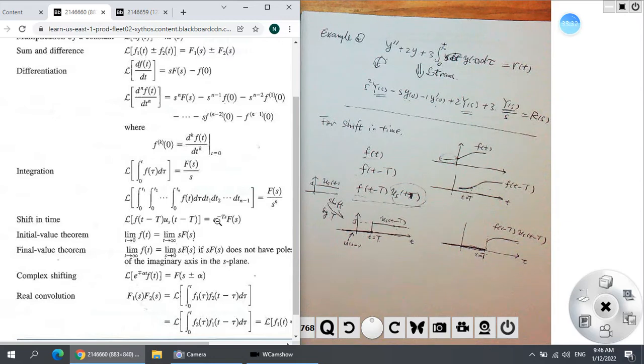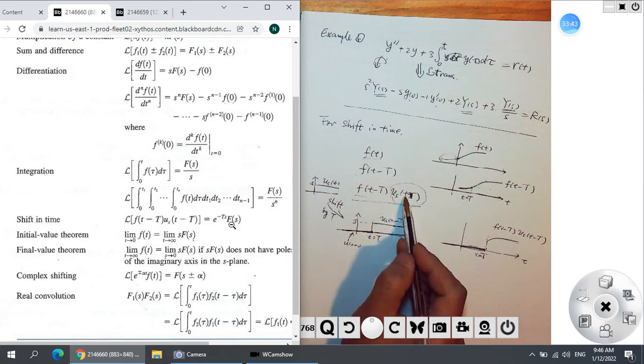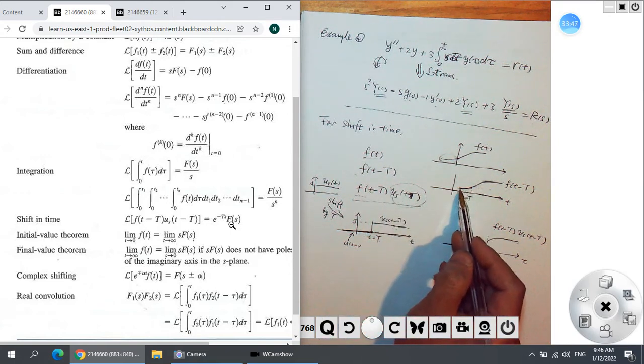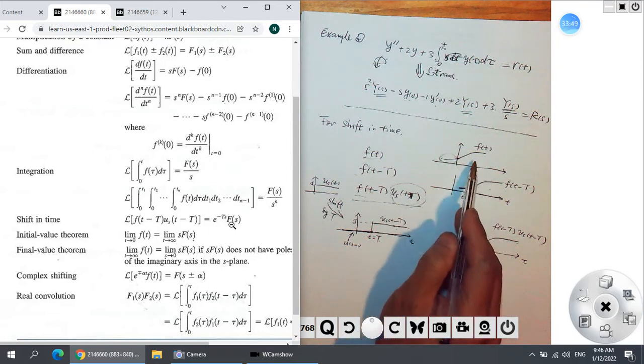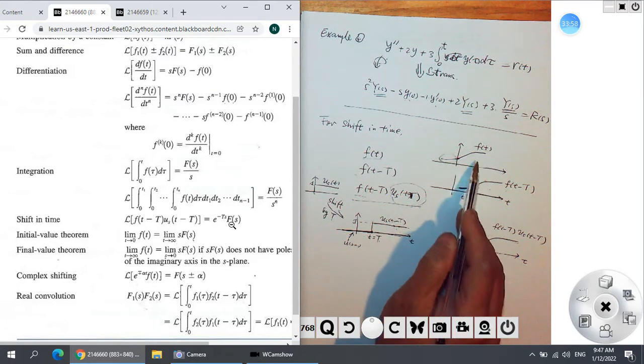Of course, they are different, so you need to multiply by this term. But they have a formula. If you do not have this u_s multiplied on it, you will have these. Then the Laplace transform of this one and this one do not have a general relation. You cannot give a formula to connect these two together.